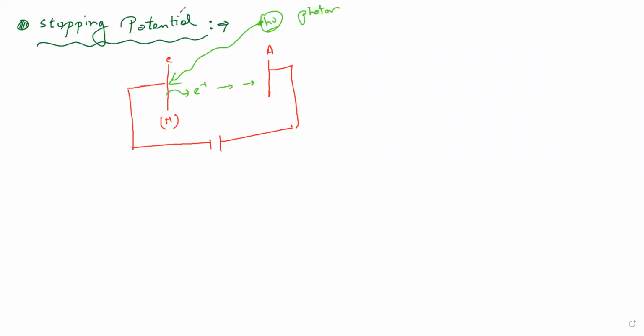What is the role of this voltage? You have to apply another high voltage which can easily stop the movement of electron from cathode to anode.